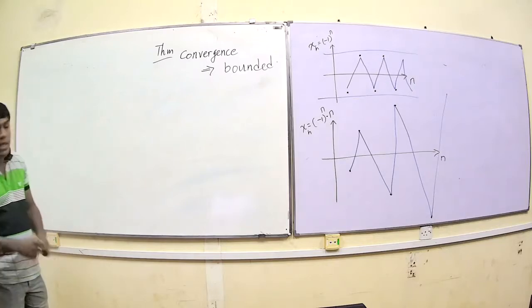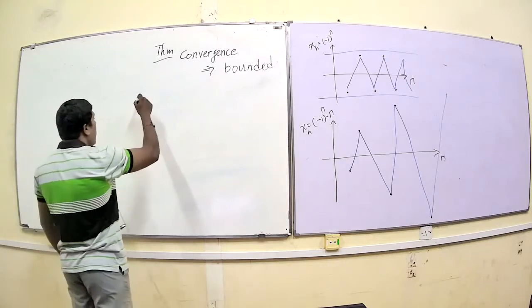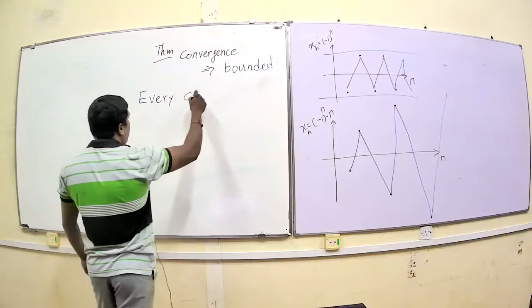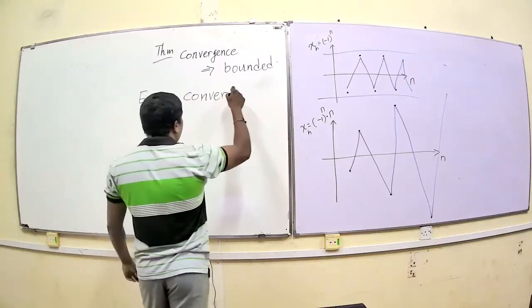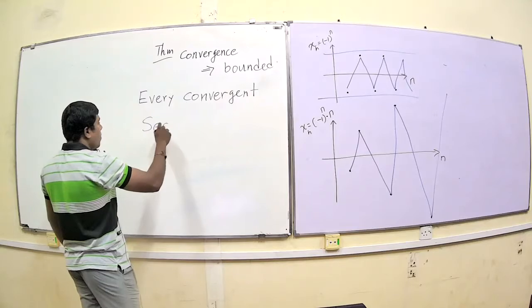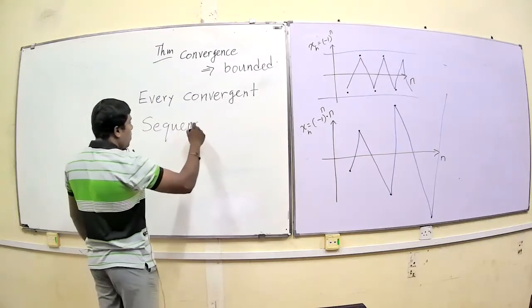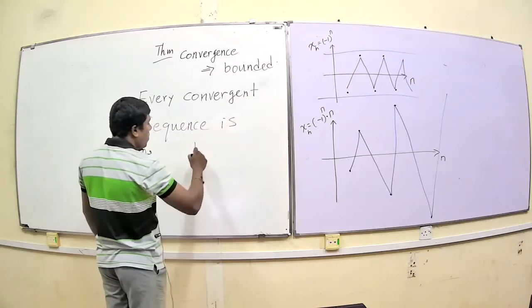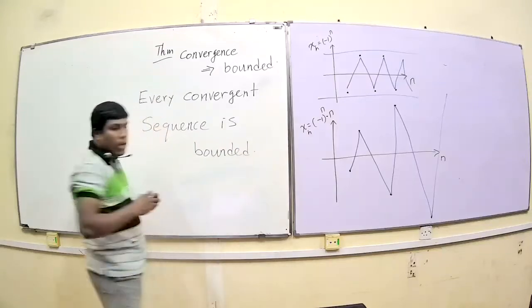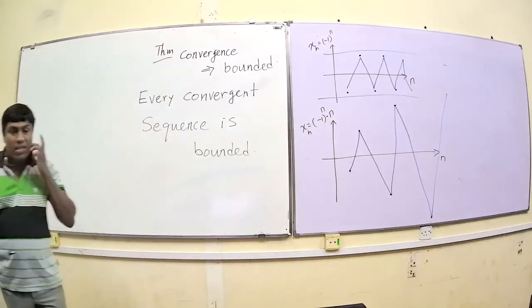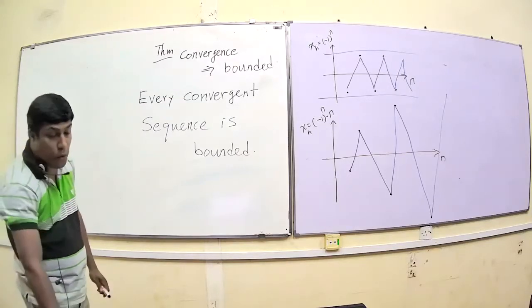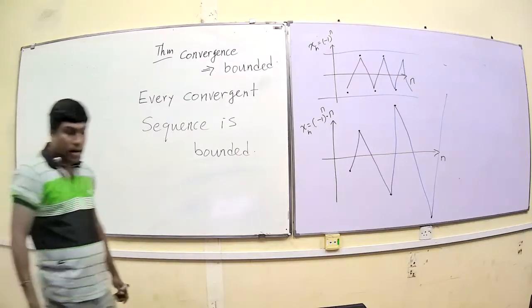So every convergent sequence is bounded. That is what we are trying to prove first.